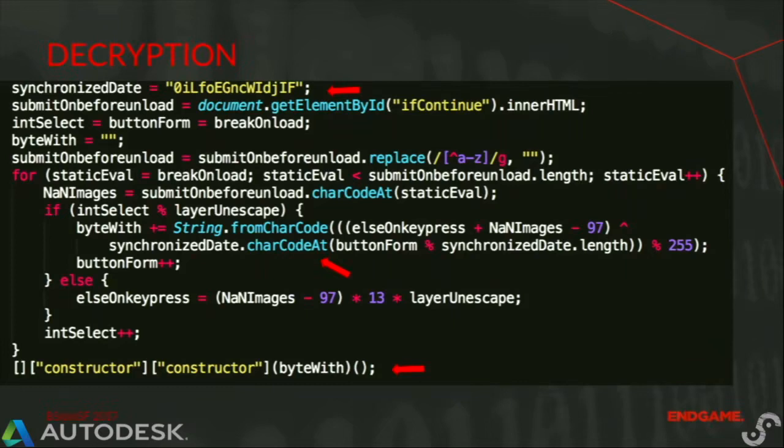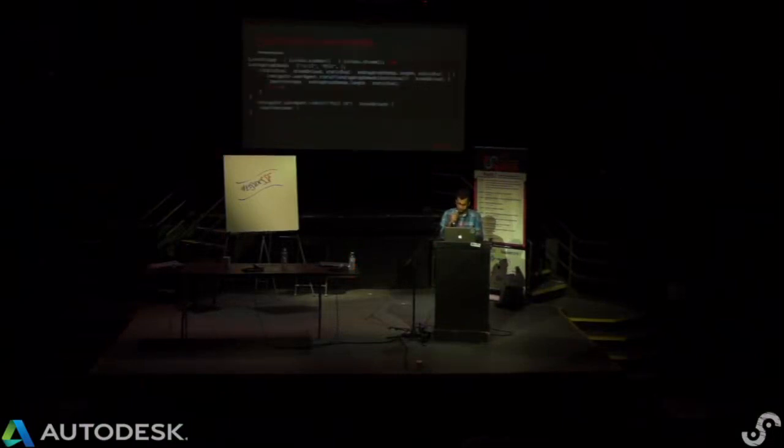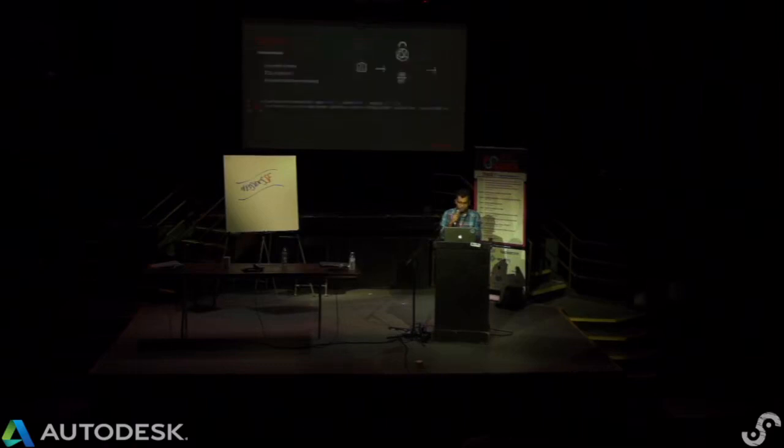And finally, once you get the decrypted string, it's passed on to a function constructor. The Function constructor in JavaScript is basically a constructor that takes a string argument and returns a function that evals that code. So that's how the code executes. And that code, again, looks very similar to this sort of redirect to the exploit kit landing page.